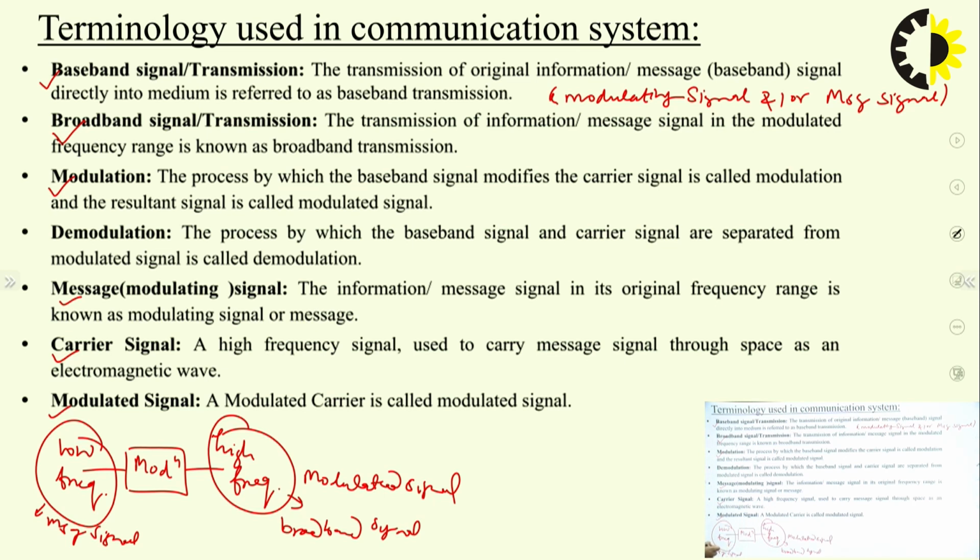So basically modulation is always used for long distance communication. For example, suppose I move from Delhi to Agra in UP. By walking it cannot be possible to reach fast, and my energy will get down.